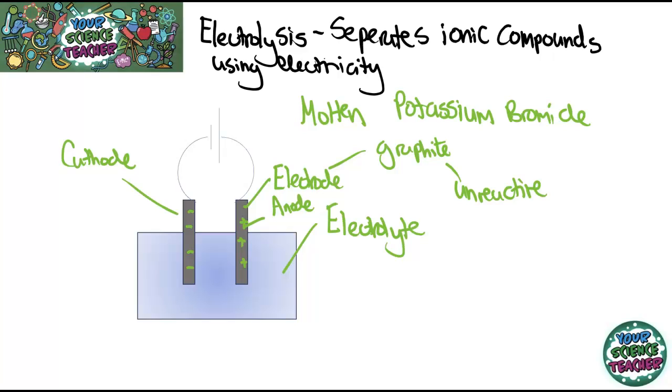Now, electrolysis, a key thing to remember is that opposites attract. So if I have my potassium bromide and it was solid at the start and I made my ions be able to move by turning it into molten, so it's liquid.